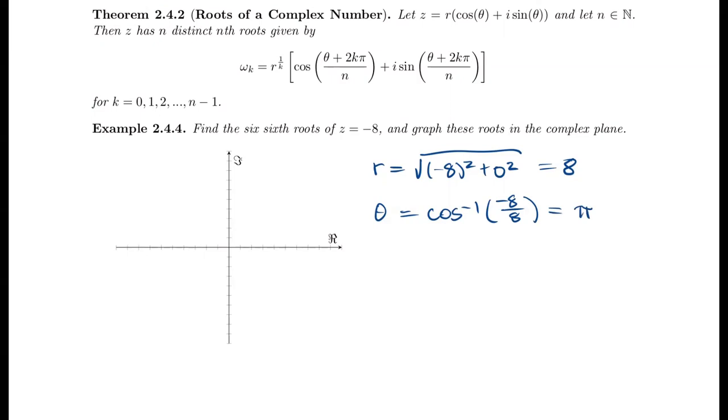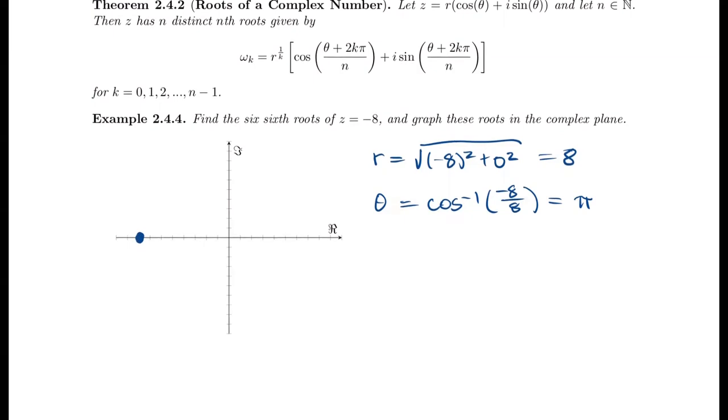So that means I'm going to start from negative 8 here. Okay, so let's say that's going to be my negative 8 here. And I want to find the 6 different roots. So that means I want to find for k equal to 0, 1, 2, 3, 4, and 5.